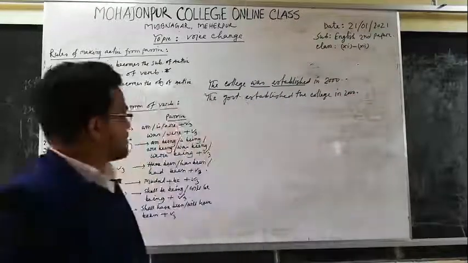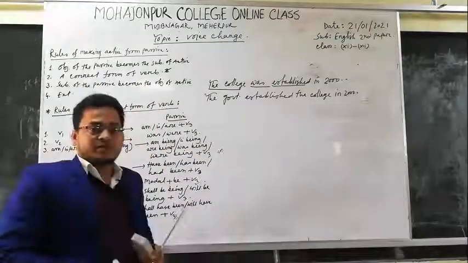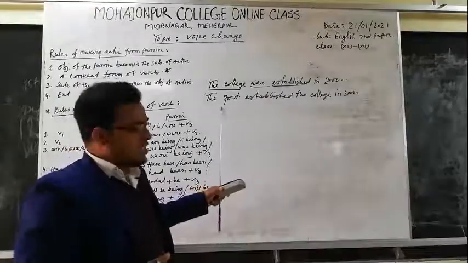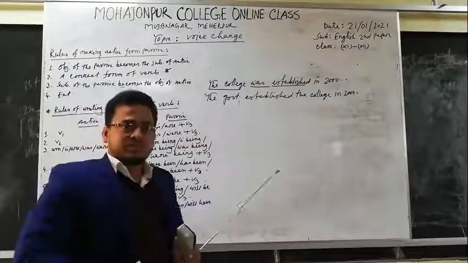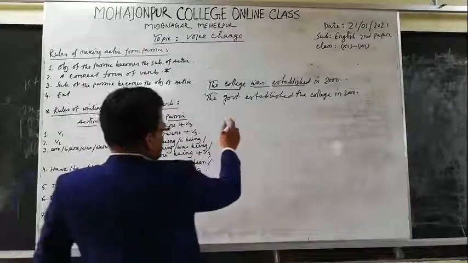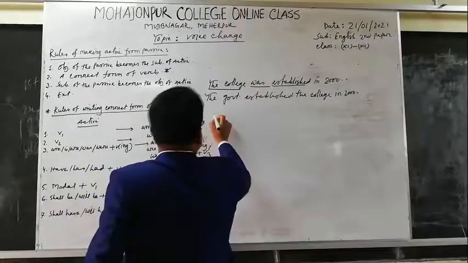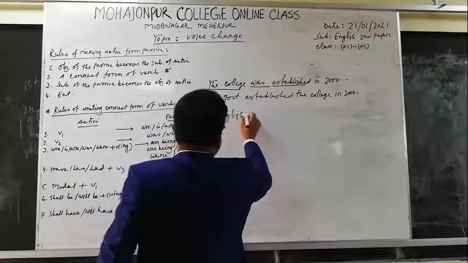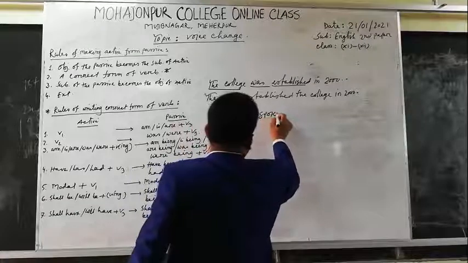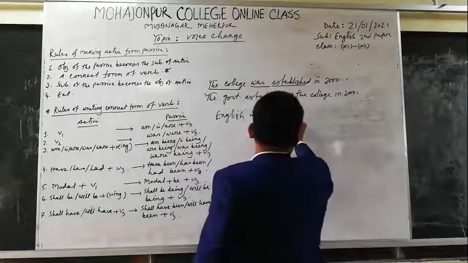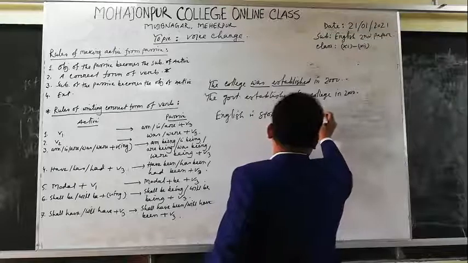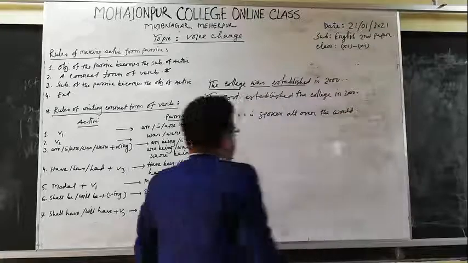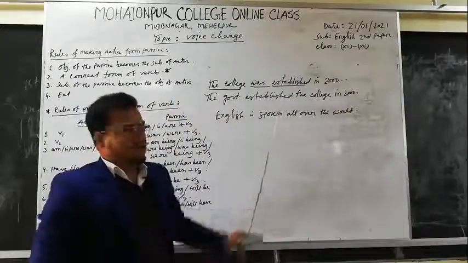So my dear students, if there is no object in the passive, then you can write the subject of an active voice according to the meaning of that passive. Look at another example: English is spoken all over the world.